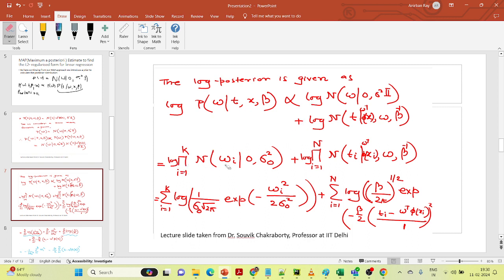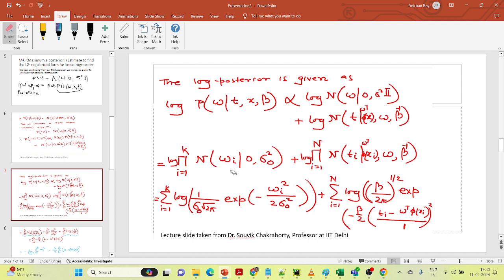As I have shown earlier, the distributions are independent of each other, so we can separate them into a product of each distribution. We have taken the log of that, like previously. The likelihood part we have done before, so maybe you can focus on the prior part.